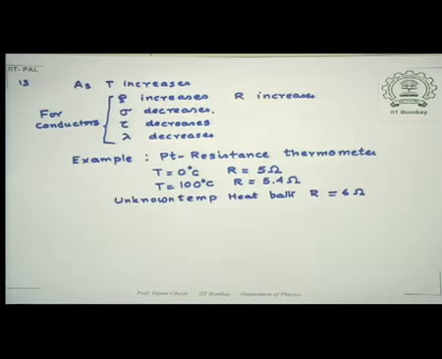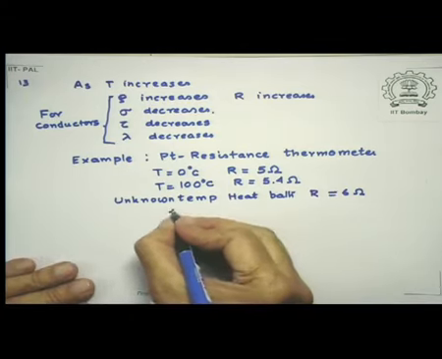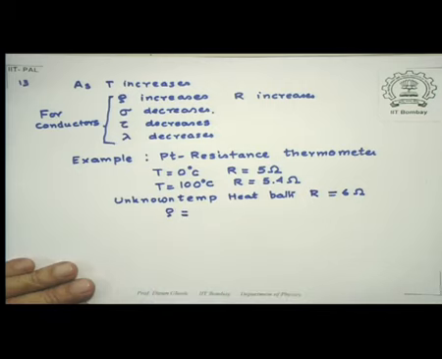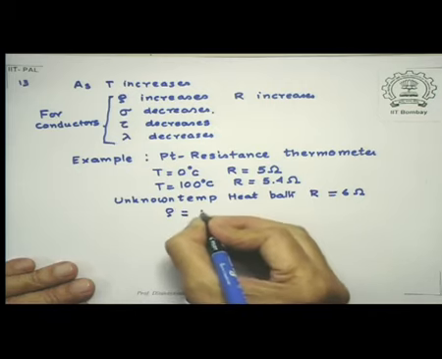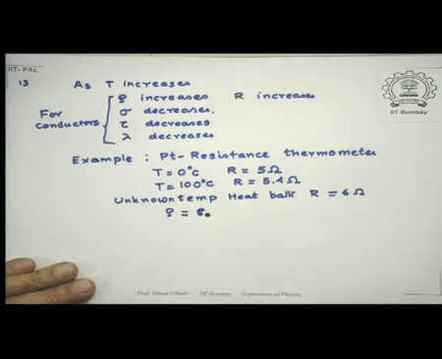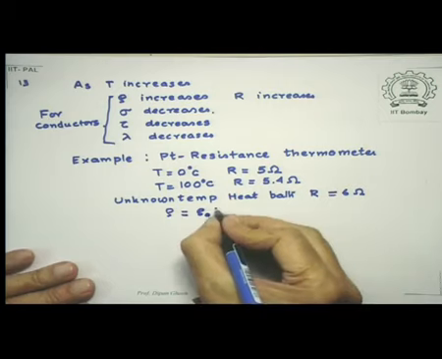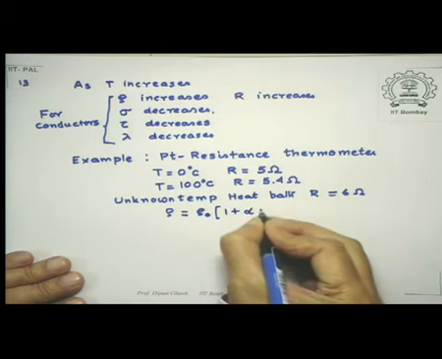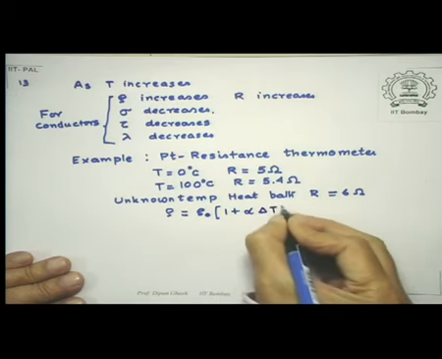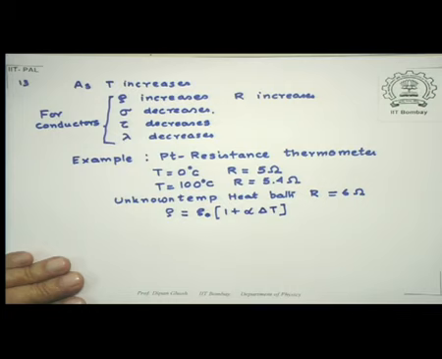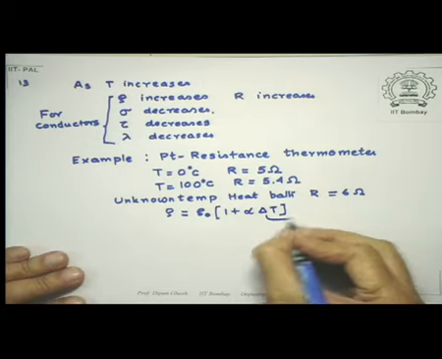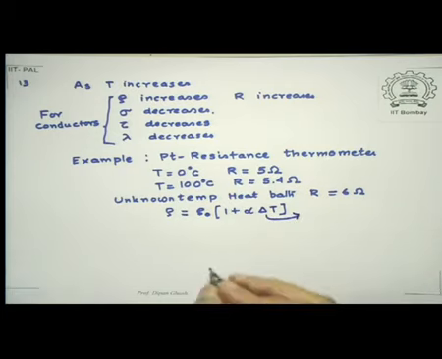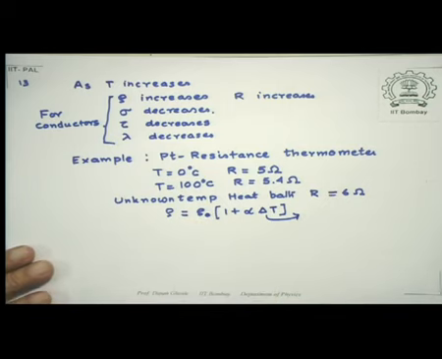Now the first thing is, we know that the resistivity rho at any temperature is related to the resistivity rho naught at a certain reference temperature by rho naught into 1 plus alpha times delta T, where alpha is the temperature coefficient of resistivity and delta T is the change in temperature from this reference temperature.